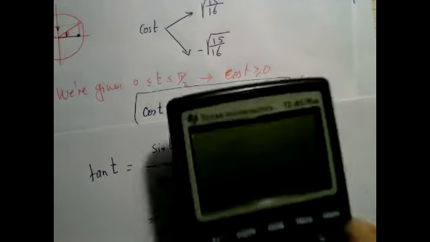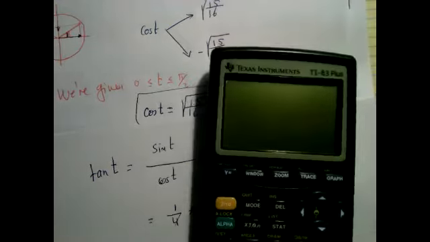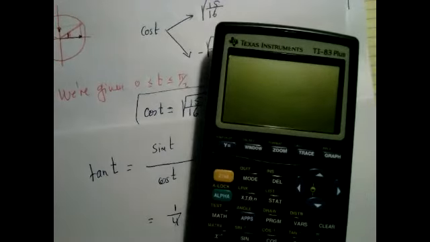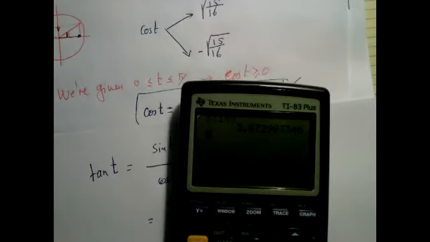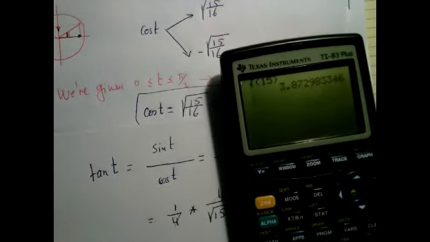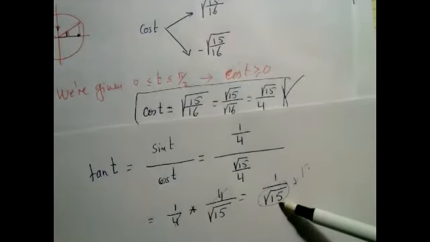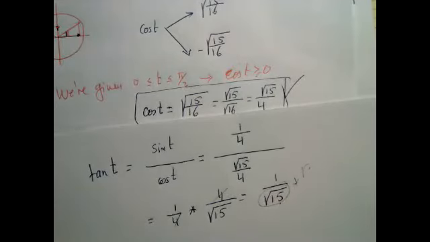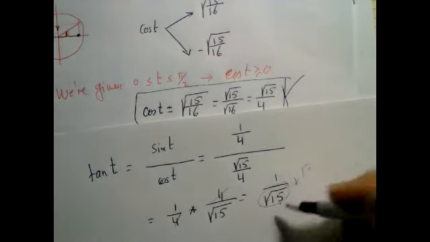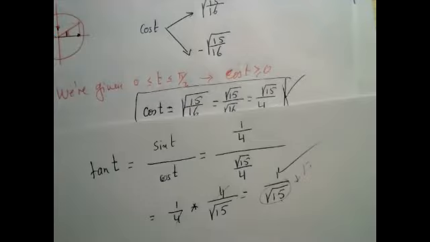If you take your calculator and you evaluate the square root of 15, what do you get? You get a number. You get 3.87. There is no problem of having a number. The only thing you cannot have in the denominator is 0. Anything else, no problem with it. Is that clear? As long as it's a number, I don't care. So this is absolutely correct.